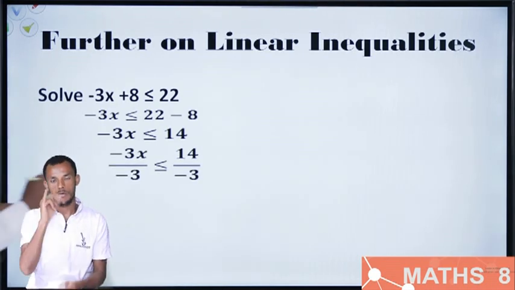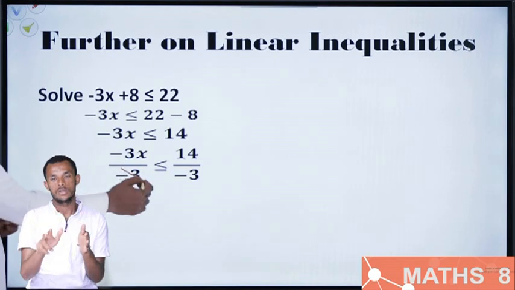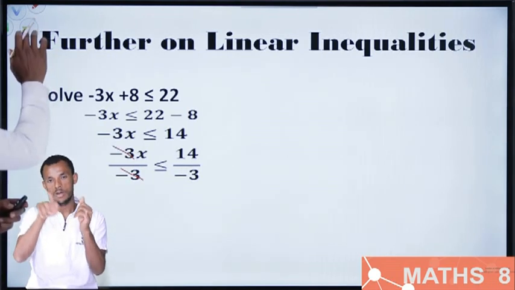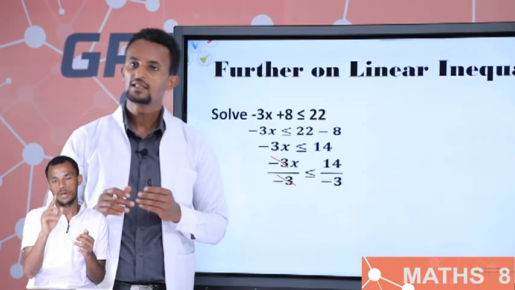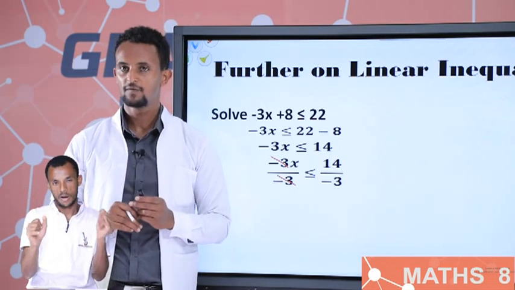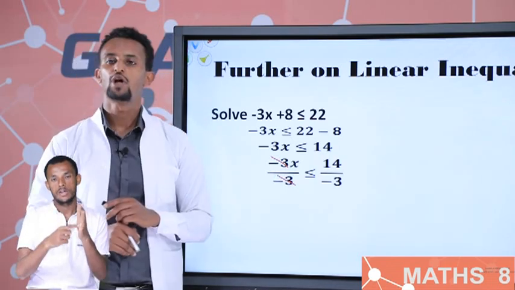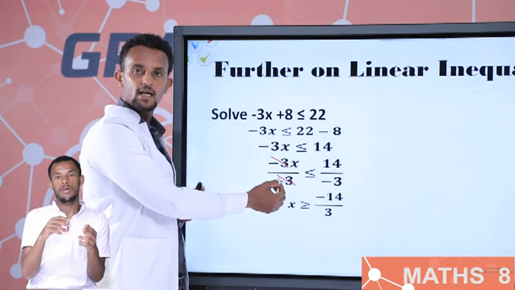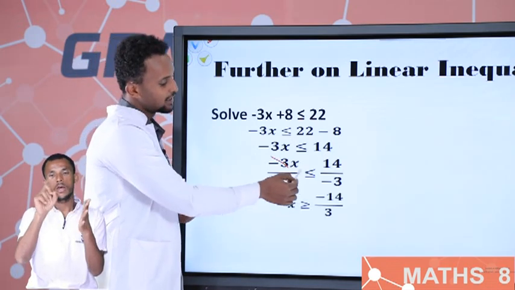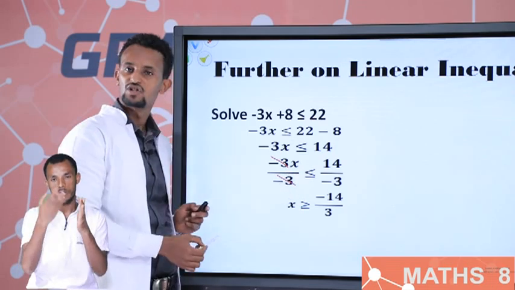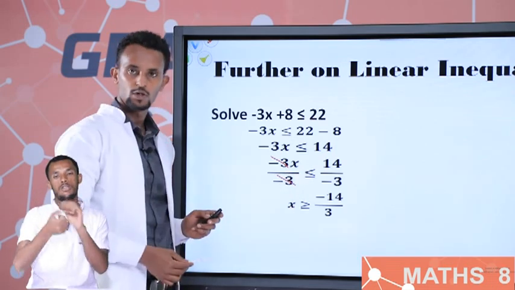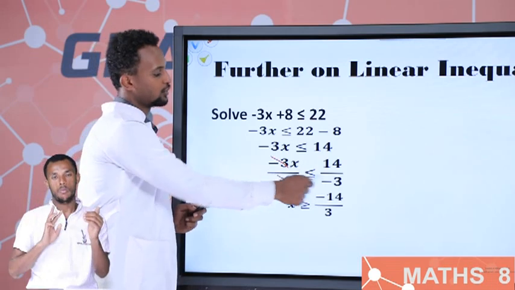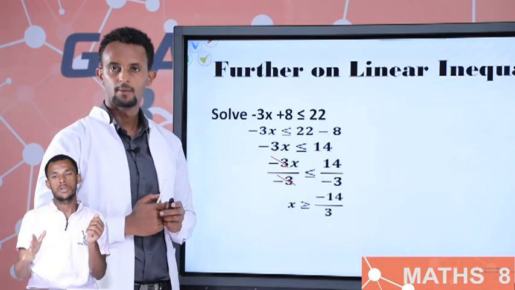If we divide both sides by negative 3, the negative 3 is cancelled by negative 3. As I told you before, if you multiply or divide by a negative number, the sign will be changed. So as you see here, we divide by a negative number, therefore the sign of less than or equal to changes into greater than or equal to, because we divide both sides by a negative number.